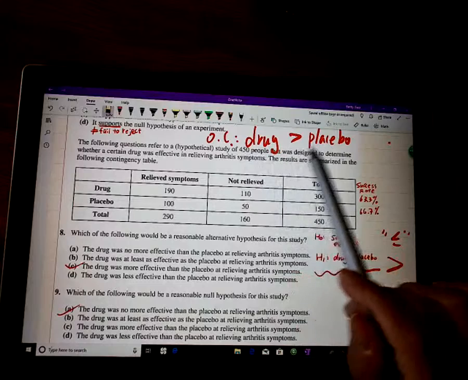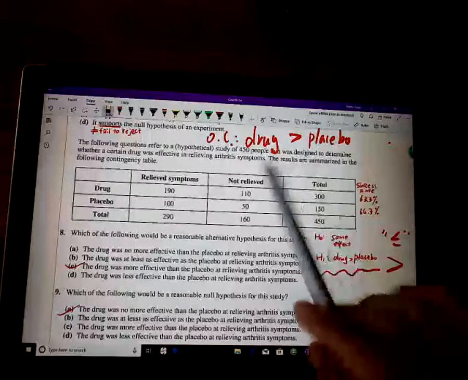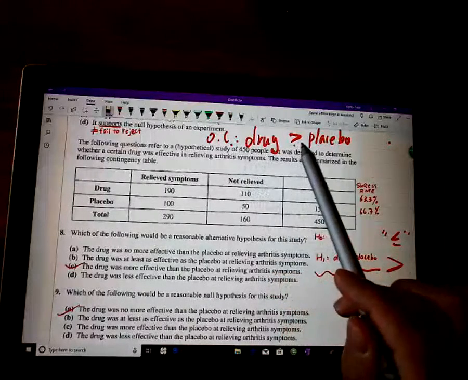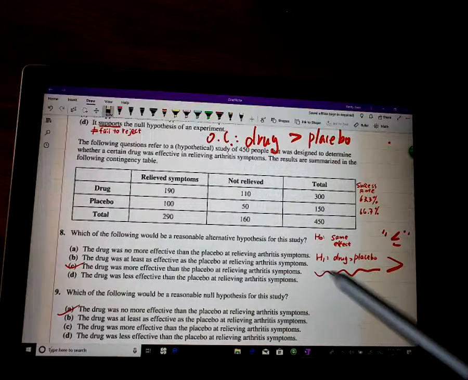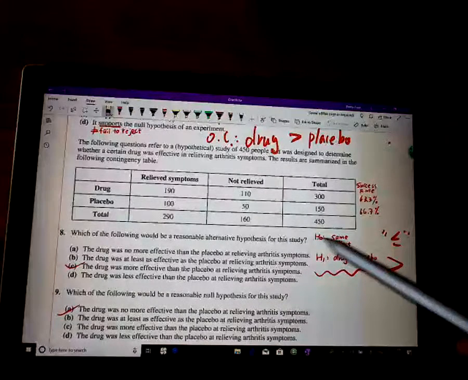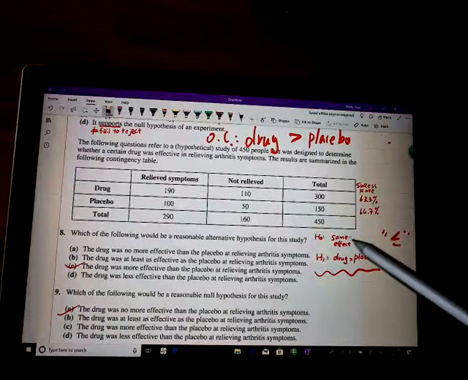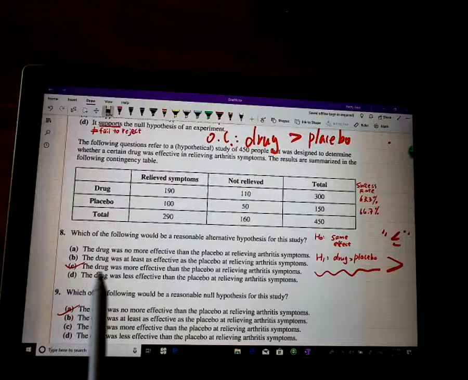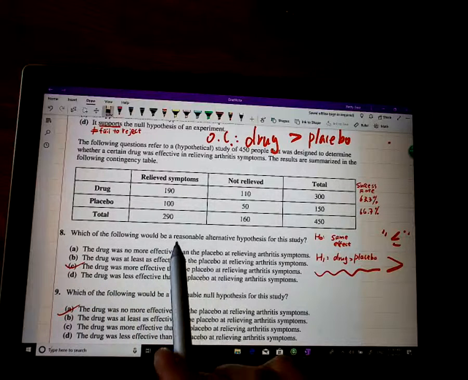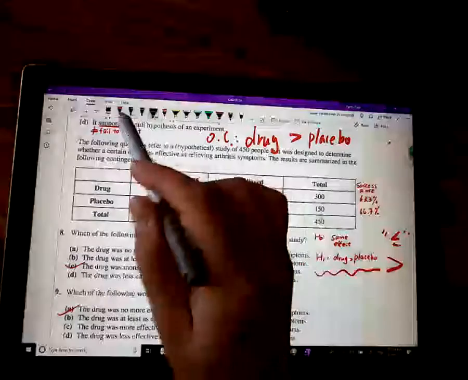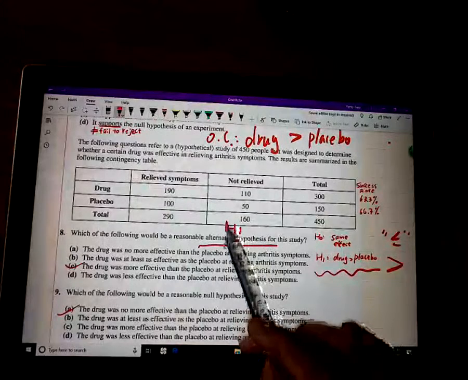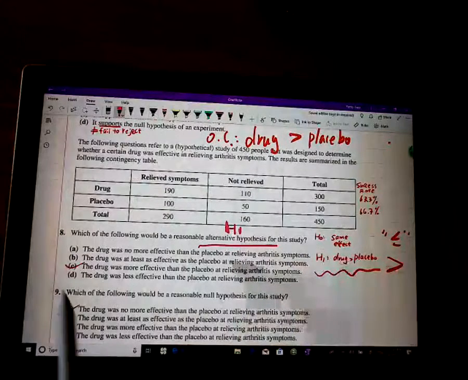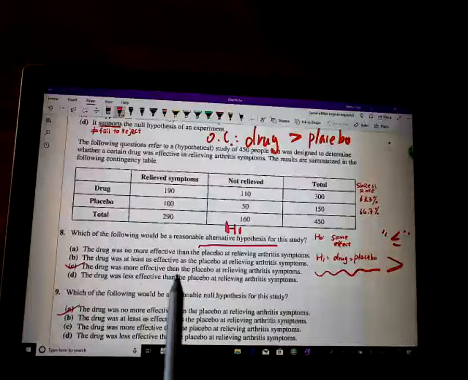The null always has equals. So the alternative, which is H sub 1, would be the same as the original claim: the drug was more effective than the placebo.